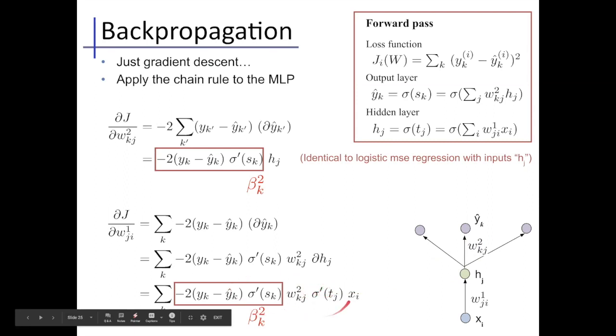So the product of these three terms will be the beta 1J. And to calculate the gradient with respect to these weight parameters, I simply take the product between this error signal at HJ and the input Xi.